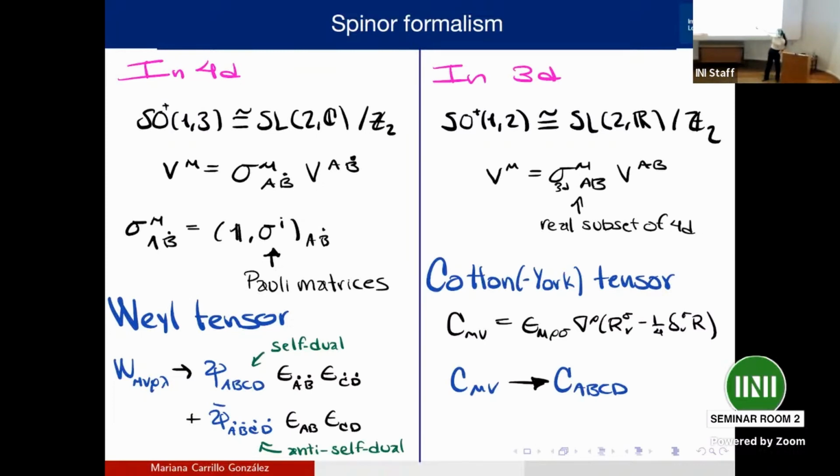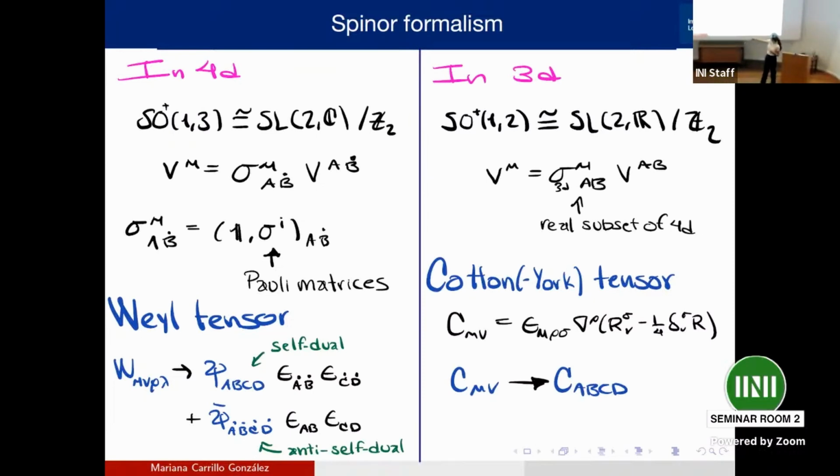You have this correspondence given by some sort of sigma matrices valued in SL(2,C). You can just take the Pauli matrices and the identity, for example, and you can reconstruct every tensor that you have now in terms of spinors. And now I'm going to give you the specific example of the Weyl tensor, because this is the one that we're going to use to construct a double copy relationship, aka it's going to be the square of a quantity now in your gauge theory side.